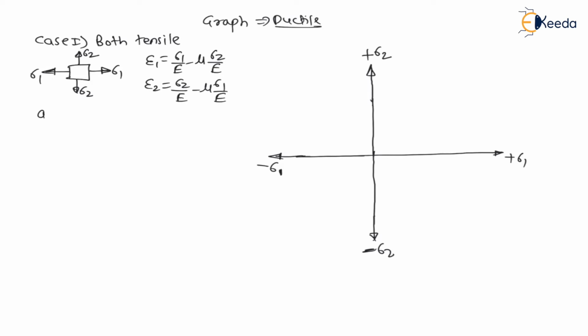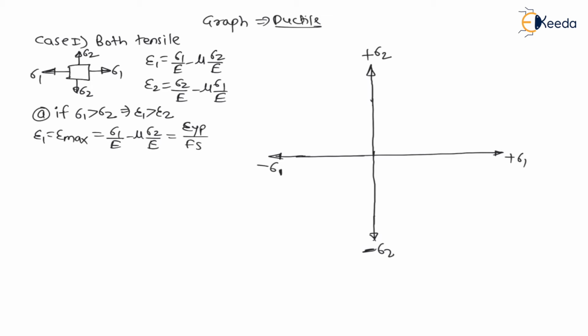Now in this case, if sigma 1 is greater than sigma 2, definitely E1 will be greater than E2. Therefore, E1 is equal to sigma 1 by E minus mu sigma 2 by E, and this we have to equate with the strain at yield point divided by factor of safety, which is nothing but SYT divided by Young's modulus into factor of safety.